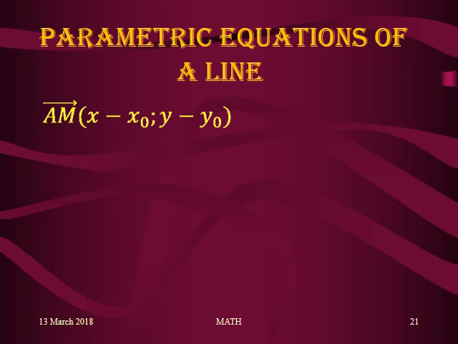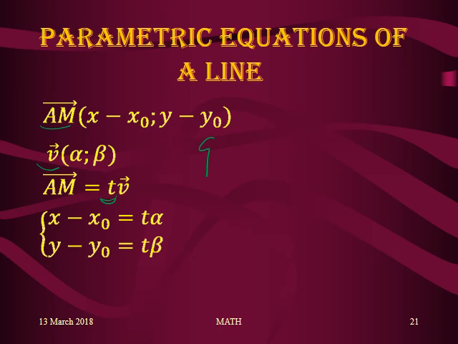Parametric equation of a line. Also, we need two vectors, AM and v. But here we have AM equals t times v, where t is the parameter. So we can say that xAM equals t xv and yAM equals t yv. xAM is x minus x0 equals t xv, which is alpha. yAM is y minus y0 equals t beta.